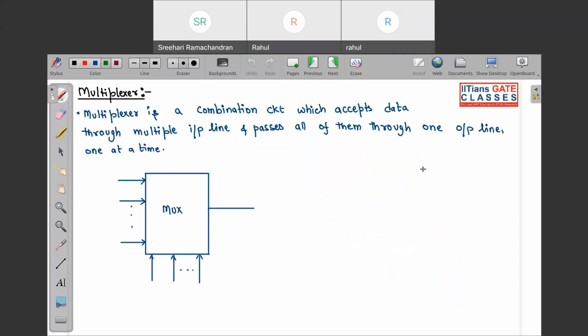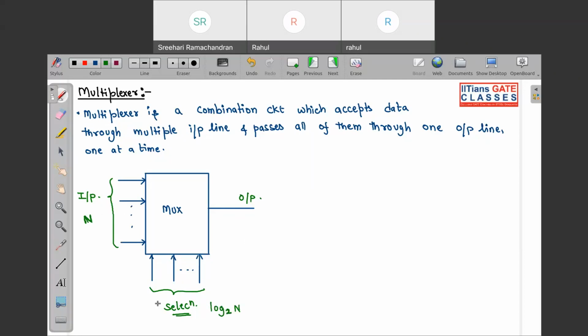Now in a multiplexer, we have input lines, selection lines, and the output. Suppose the input lines are n, then the selection lines will be log n to the base 2.